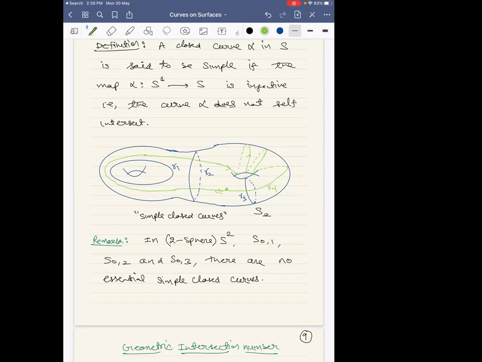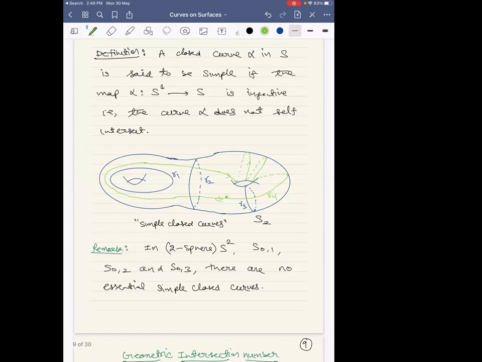You know, the fundamental group is trivial, yes. And what happens to, for example, a once punctured sphere? Same argument will work. Then you can ask what happens to a twice punctured sphere, why there are no essential simple closed curves. You will see every curve is homotopic to a puncture, yes.